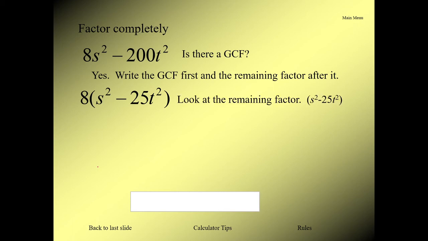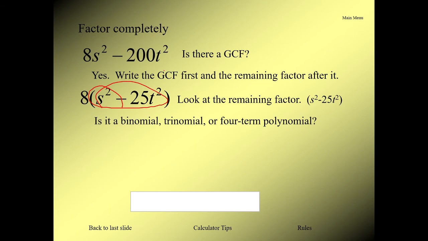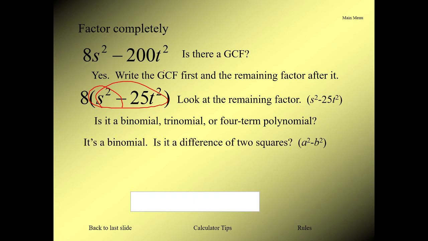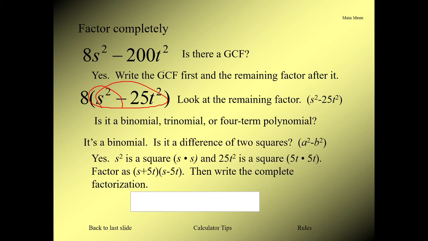Afterwards, you have to look for the remaining factors of s squared minus 25t squared. Obviously this is a binomial and a perfect square, a difference of two squares. So that is s plus 5t times s minus 5t. Therefore, this is now your factor.